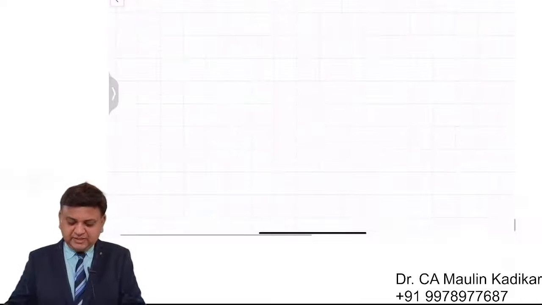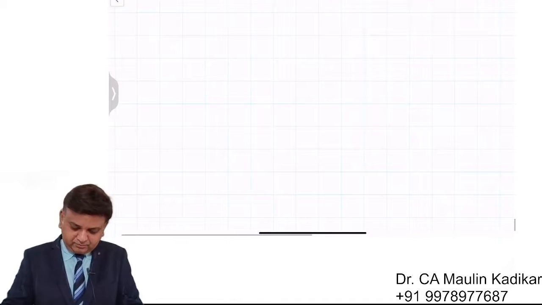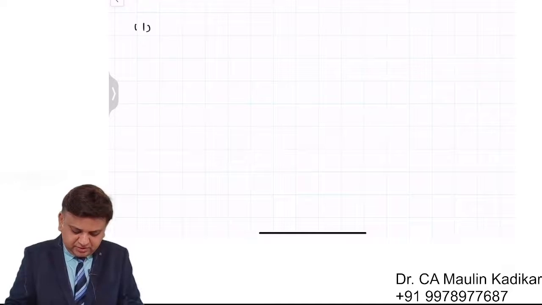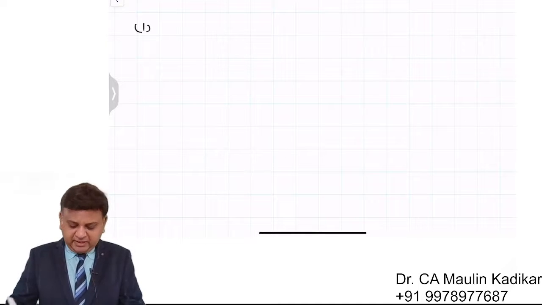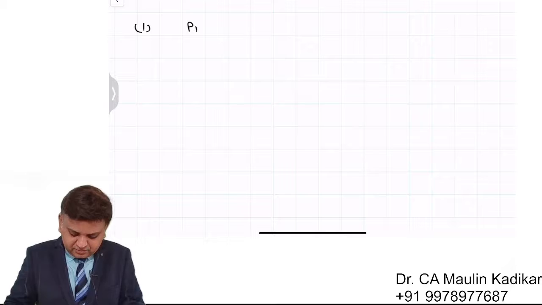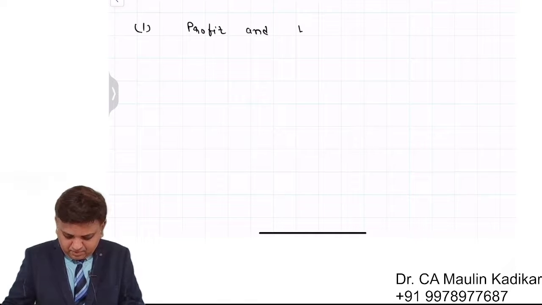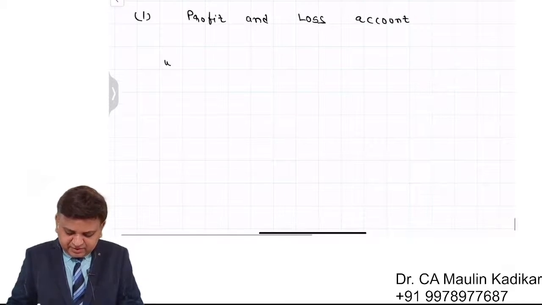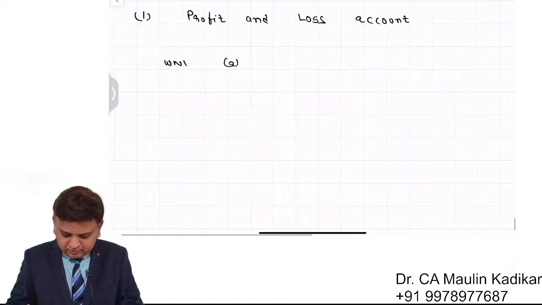I request all of you to write down answer along with me. Answer for the first question, write down heading profit and loss account. In the write down, working note number 1, calculation of gross profit.